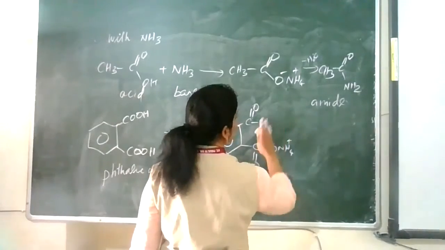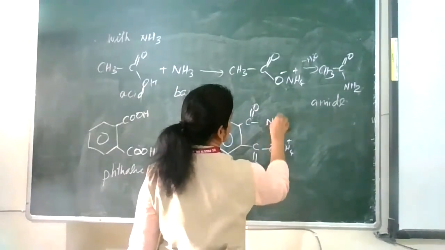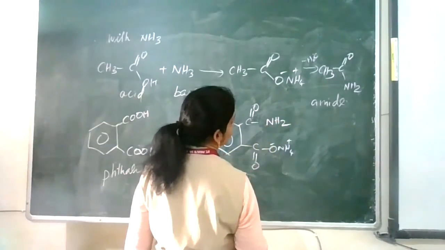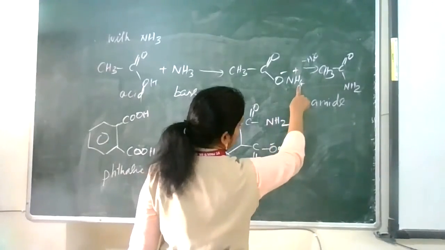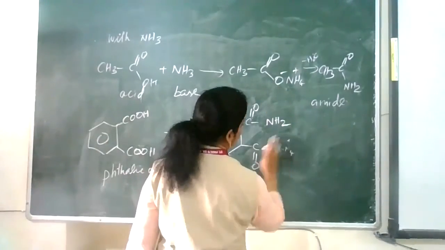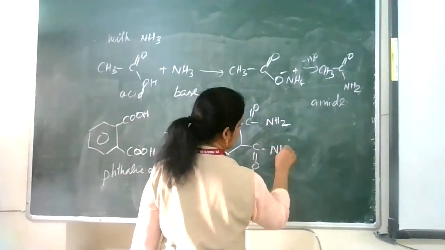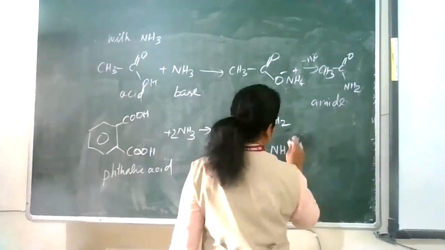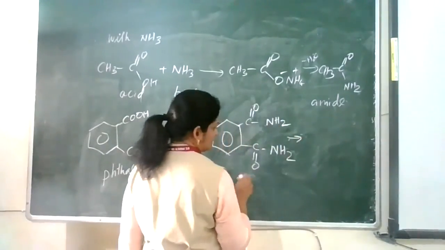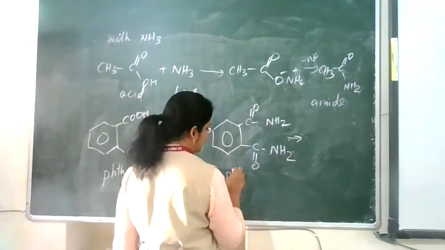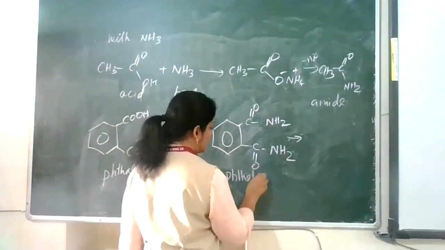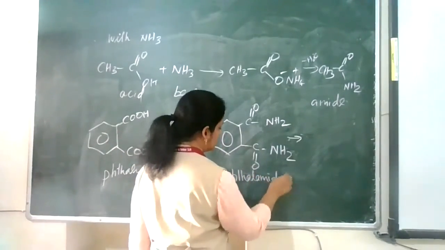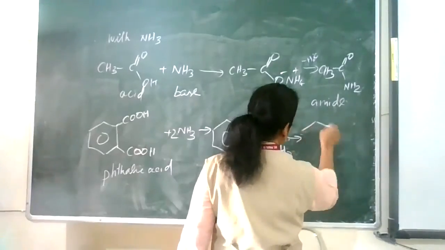You get NH2 here. H2O will be going. So here again NH2. From here, you will be getting a compound. This is called phthalamide.